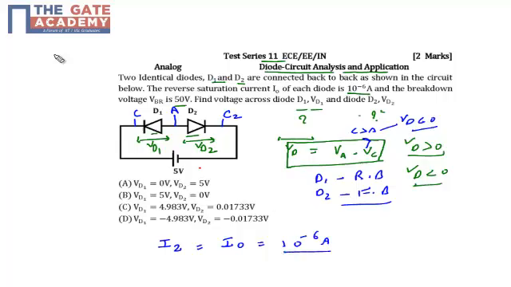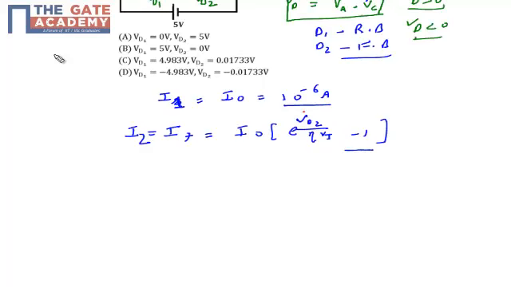And D2 is forward biased, and the current across a forward biased diode has the expression I0 times e raised to the power VD2 by eta Vt, minus 1. I can name this current I2. Here VD2 is the voltage drop across the diode, eta is a material constant, Vt is the thermal voltage at room temperature, and I0 is the reverse saturation current.